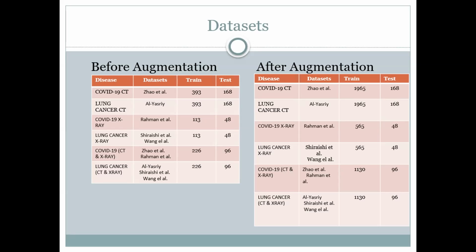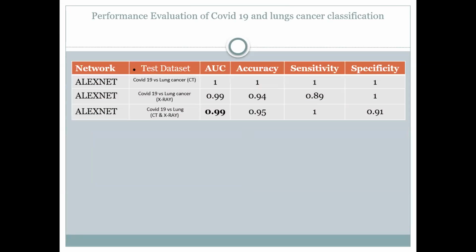We can see that for each image, we were able to reproduce 5 similar images through data augmentation. At the end of the result, we were able to get an AUC value of 1 for COVID-19 and lung cancer, because we investigated 3 different scenarios. We looked at COVID-19 and lung cancer CT scans, to know how well they do, and COVID-19 and lung cancer X-ray, we wanted to know how well they do also.